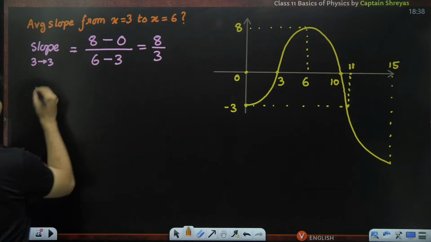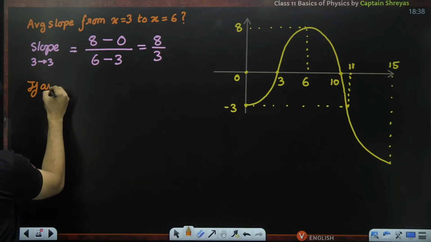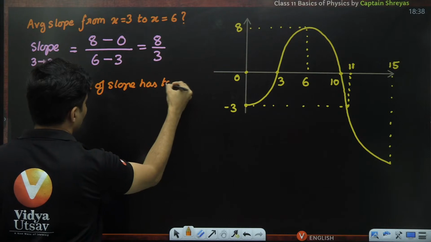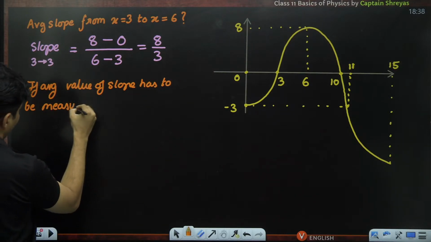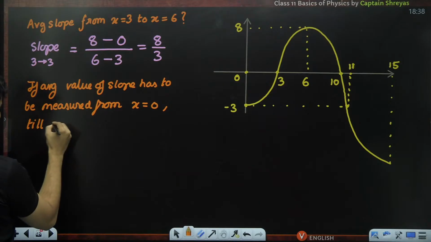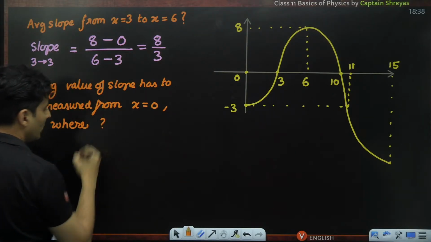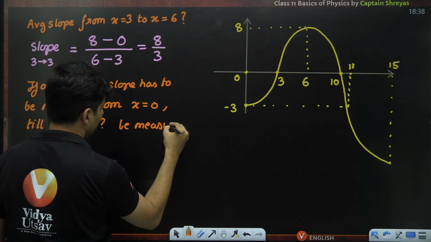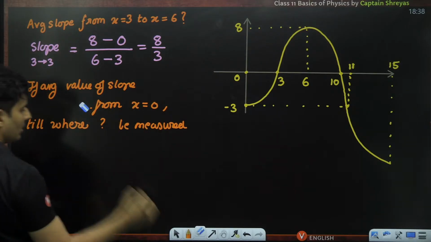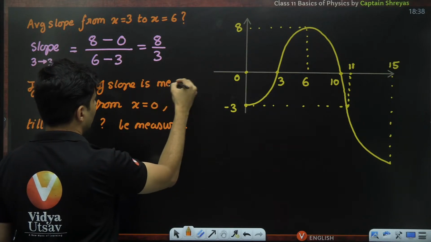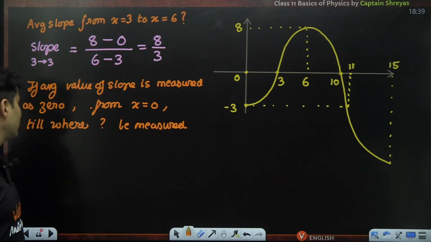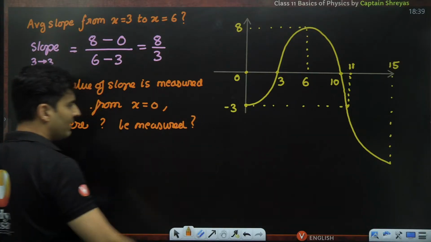All right. Let's see how many of you can get this. If the average value of slope has to be measured from x is equal to 0, till where should it be measured so that the average slope is 0?